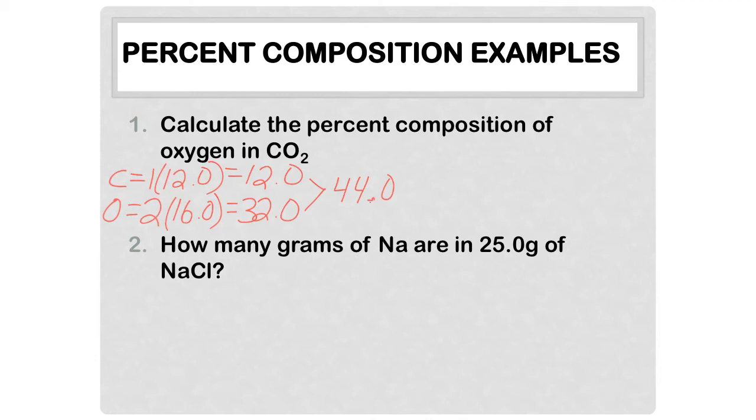If we are trying to solve for the percentage of oxygen, we would do the mass of our 2 oxygens, 32, over the mass of the whole thing, and then times 100. So we have 32 divided by 44 times 100, and that will give us 72.7%.